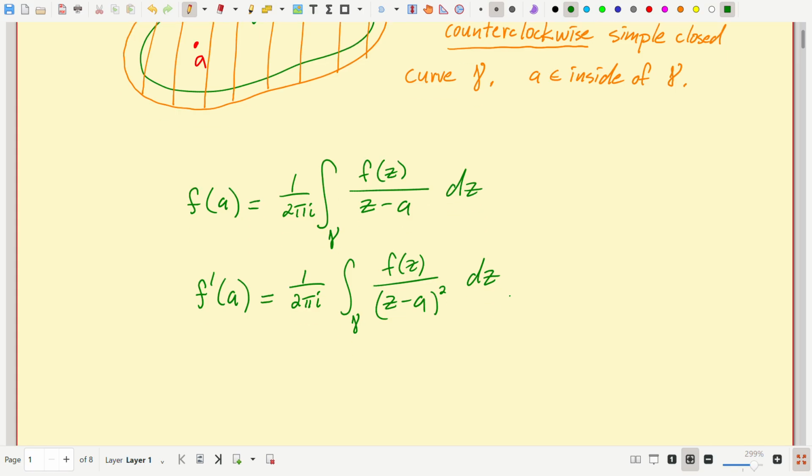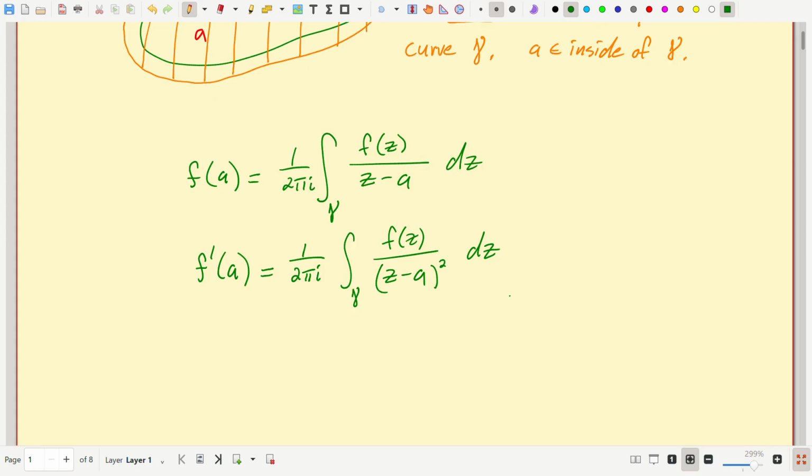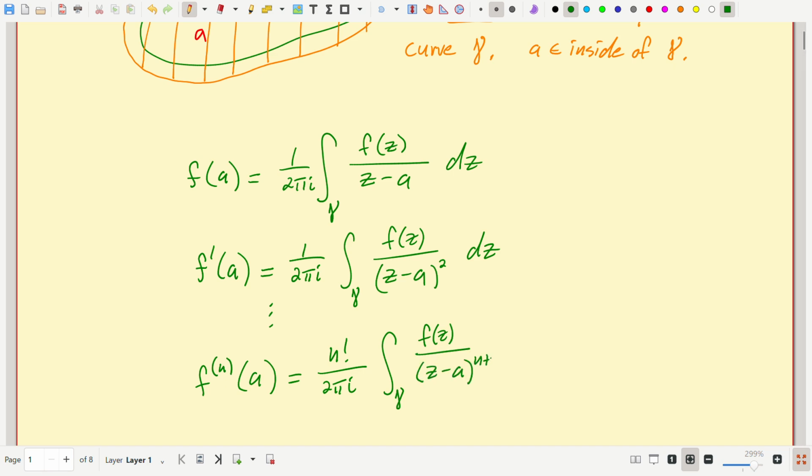The next time a 2 would come out, the next time a 3 would come out, and the general formula is that the nth derivative at a is n factorial comes out. And the power of that denominator thing is always 1 bigger than the number of derivatives you're taking. Simple induction shows that.